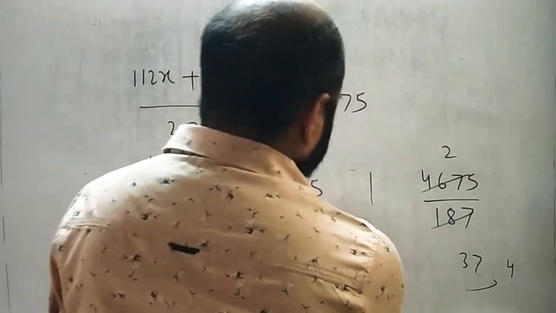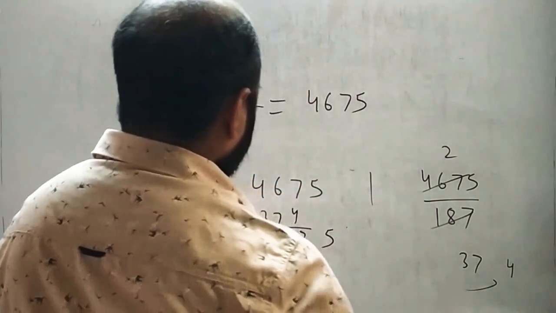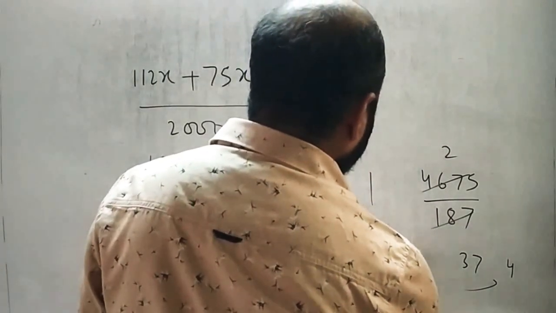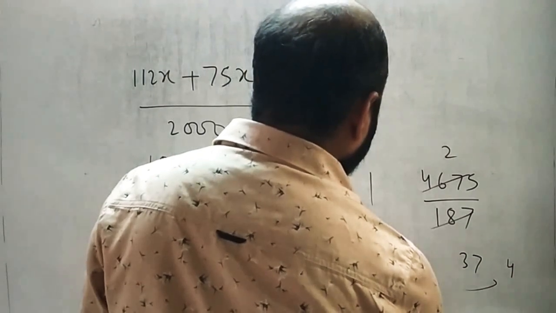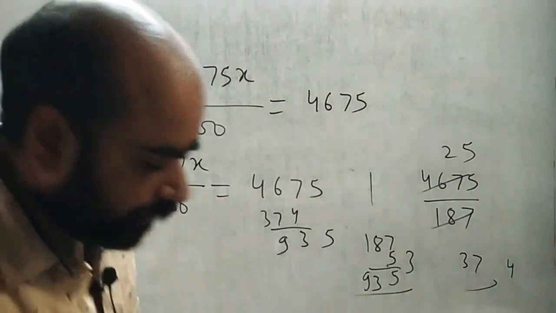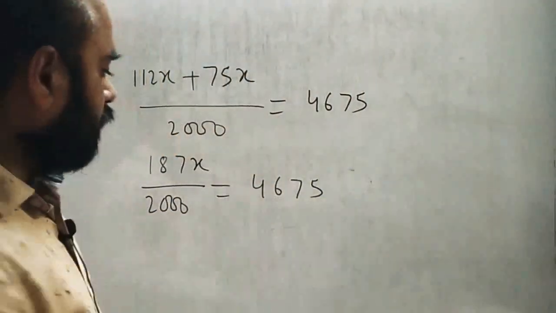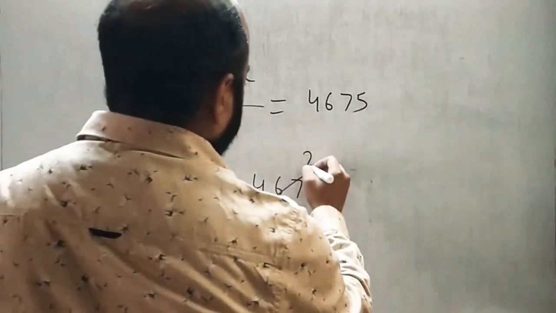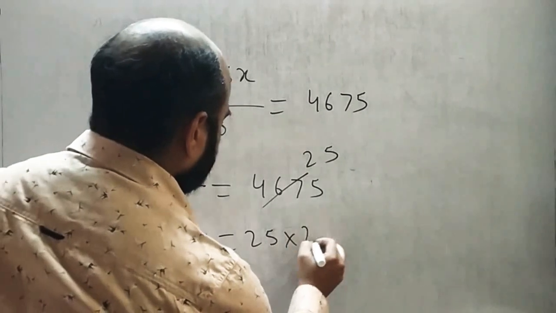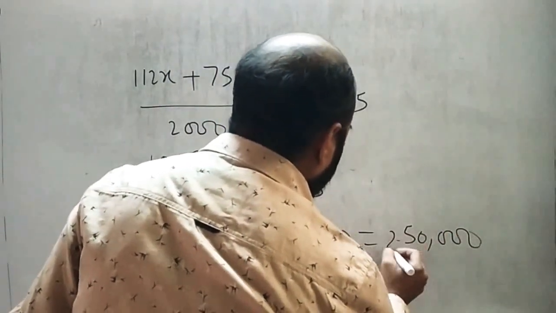Then 935, so 187 into 5. It means 25 times. So that will come 25 times. So x will be 25 into 2000. It means 50,000.